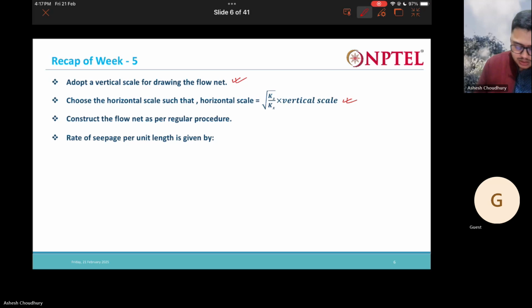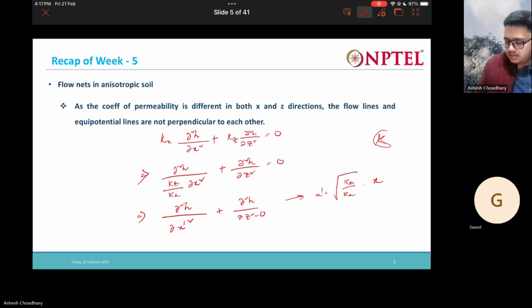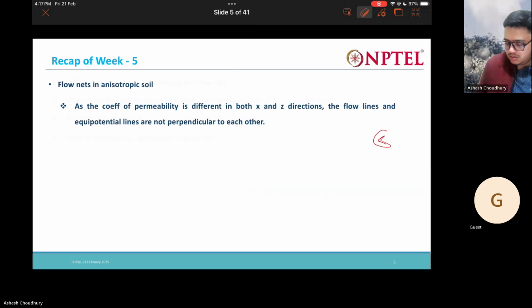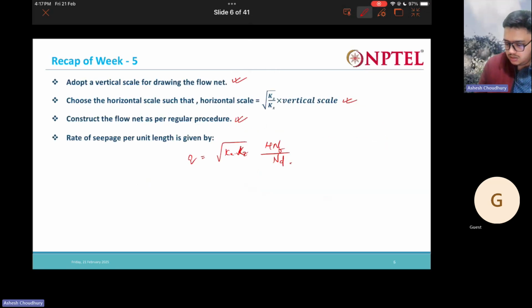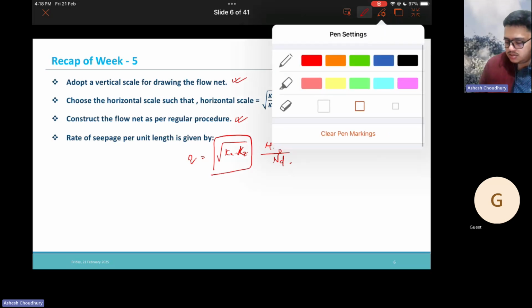Construct the flow net by the regular procedure, and then the rate of seepage per unit length is given by the same formula, where in place of k, it gets replaced by square root of kz kx.